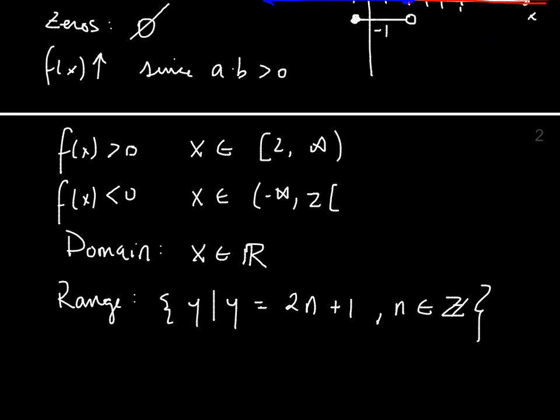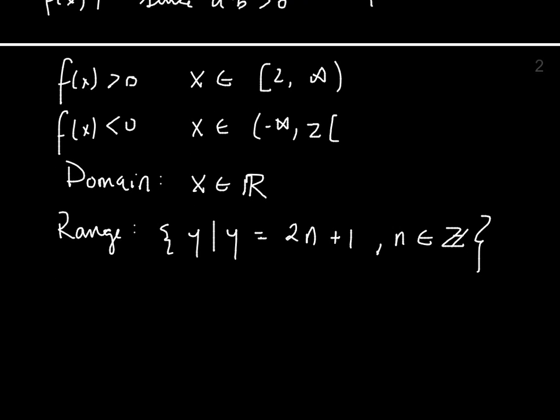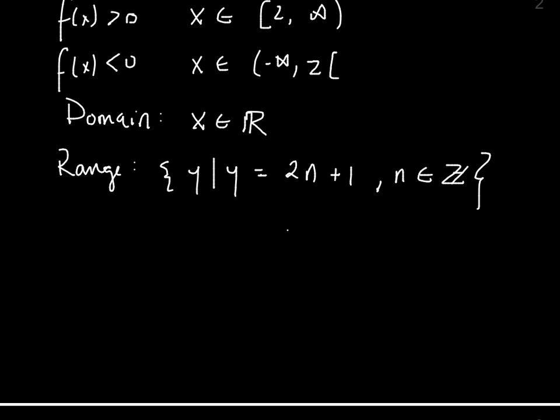So our multiple, what we're multiplying by, our letter n, has to be an integer. That way, whenever we choose any value of n, 2n plus 1 will always be in our range. Alright, so that's pretty much it. That's the analysis of a step function, a greatest integer function, and I guess there'll be more coming later.